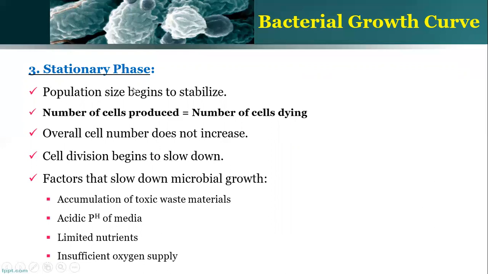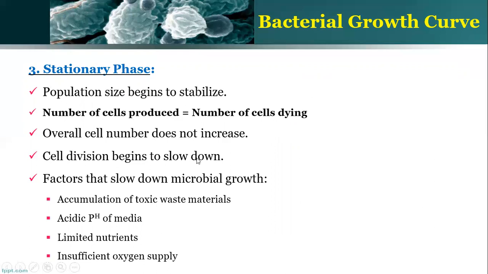Stationary phase: here, the population size begins to stabilize and the number of cells produced is equal to the number of cells dying. And overall here, the cell number does not increase and the cell division begins to slow down.